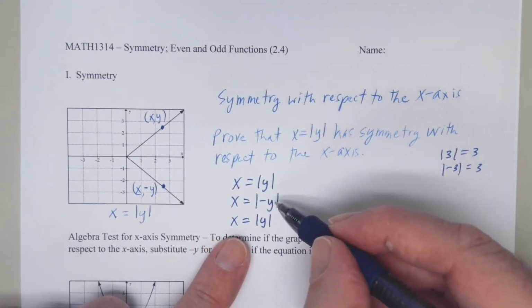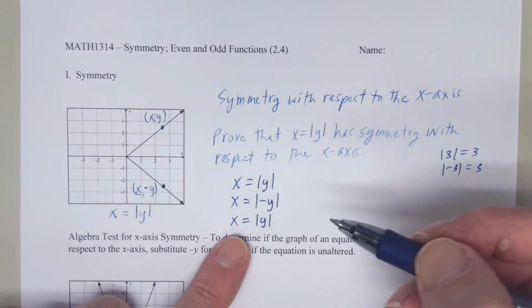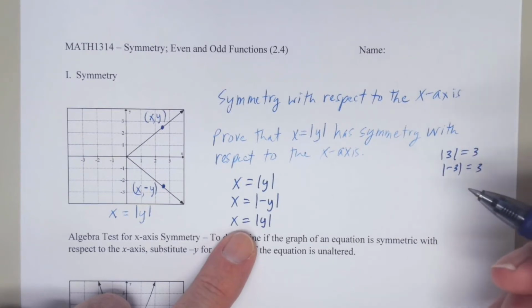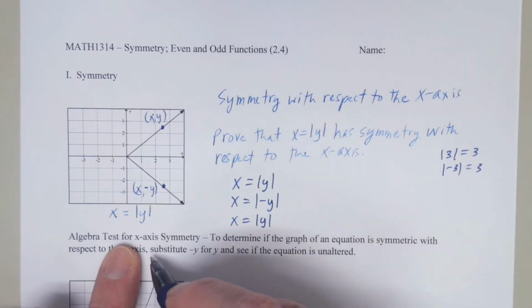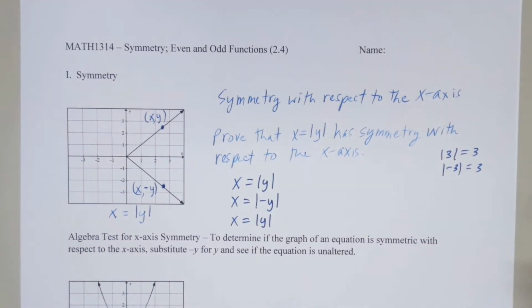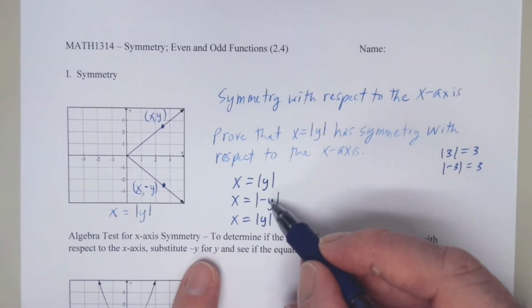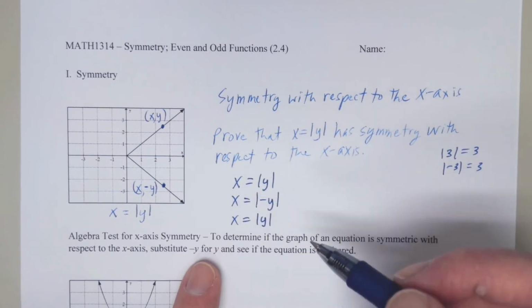And so when we replaced y with minus y, it turns out that this is equal to the original equation. It's unchanged. And so using this algebra test, we've shown that we have symmetry with respect to the x-axis. Notice basically what that's saying is whether we have y or minus y in here, x will be the same.